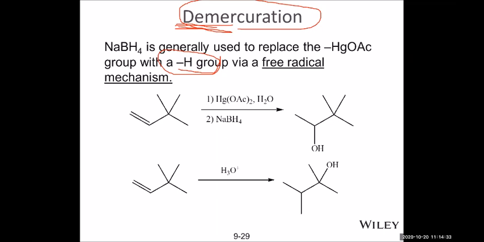But because we're using mercuric acetate and the boron to remove the mercury, we get only this major product. This is the amazing difference between the mercury catalyzed reaction and the acid catalyzed reaction. Acid catalyzed reaction is very prone to rearrangement, whereas with mercury you get only this product, very nice, no rearrangement.